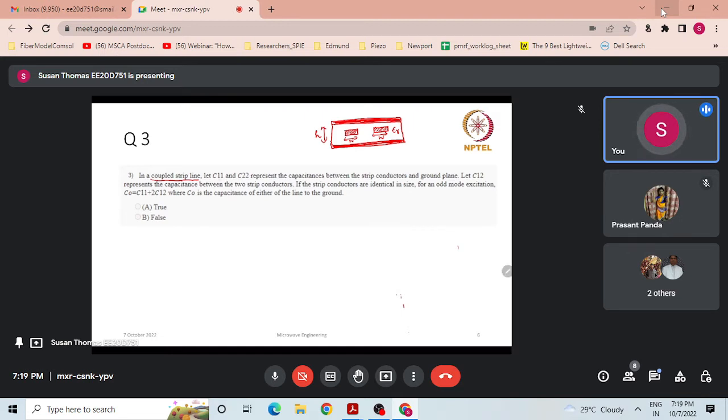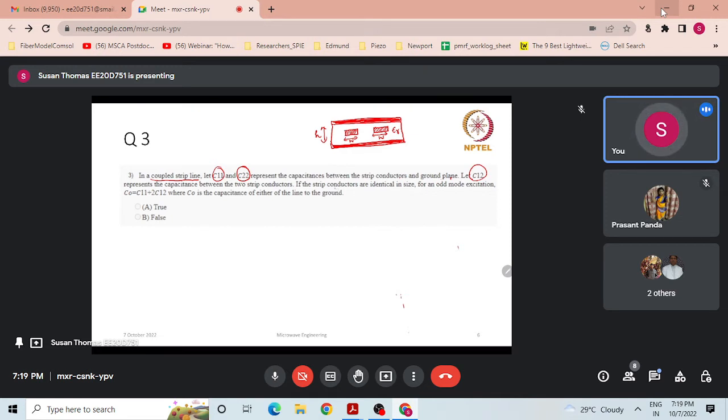Let C11 and C22 represent the capacitance between strip conductor and the ground plane. So that means between the first conductor and the ground plane, and between the second conductor and the ground plane. Let C12 represent the capacitance between the two strip conductors.